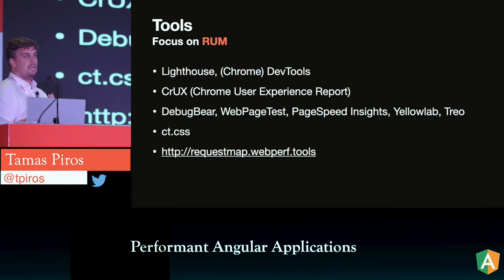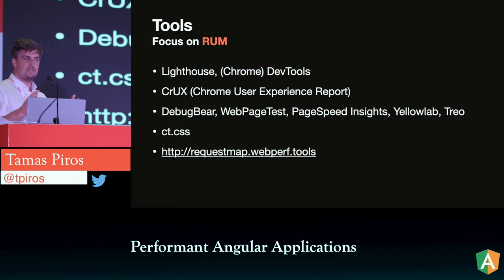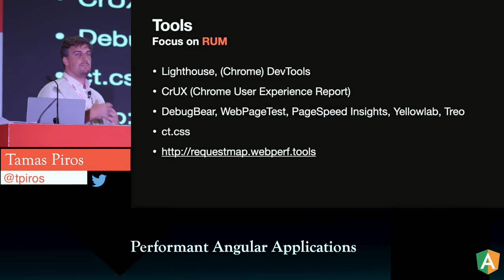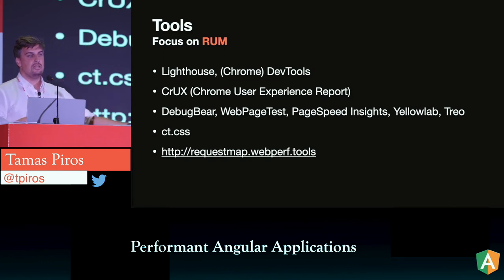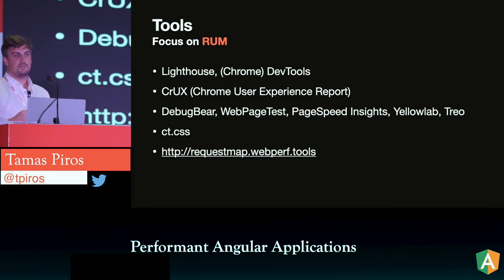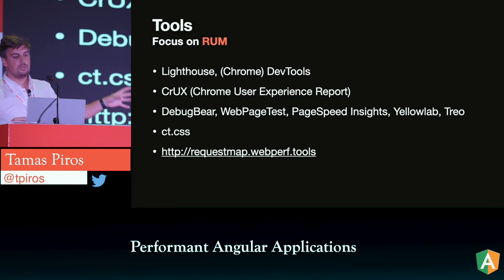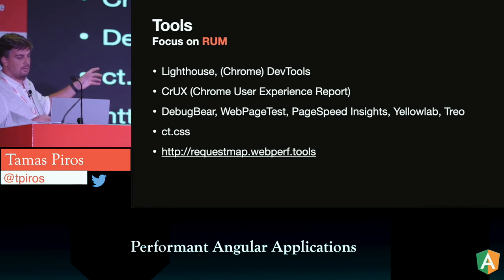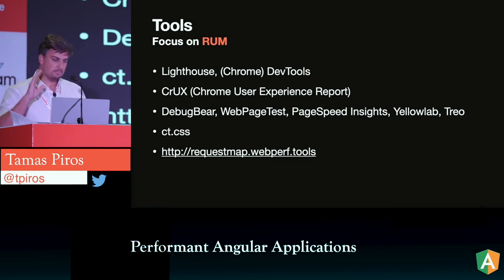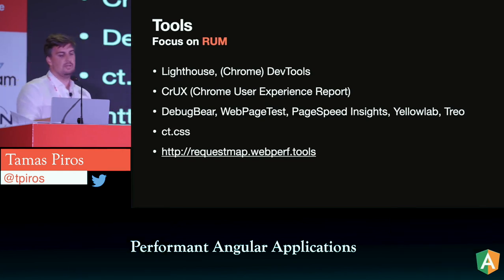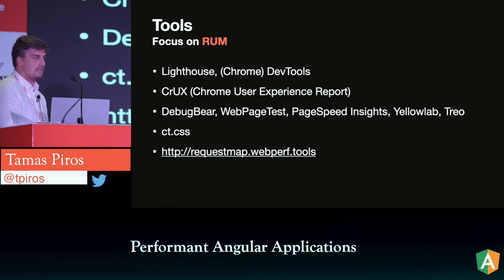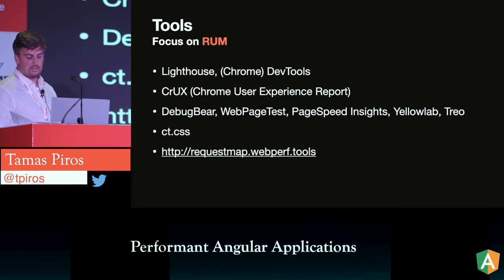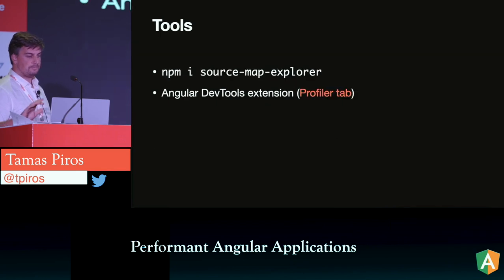Running a Lighthouse test in your browser is a very good start, but it's not representative of how your real users are experiencing the performance of the site. Okay, so there are various tools that can show you how those users see your site. Those would be Chrome User Experience Report, DebugBear, PageSpeed Insights, and many, many others. So you can take a picture of this and then just look into these tools.